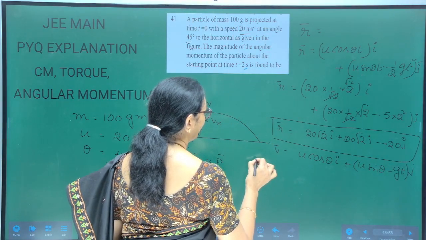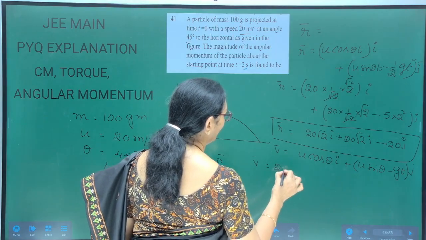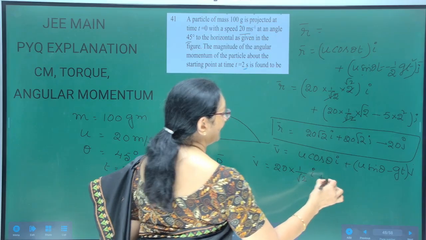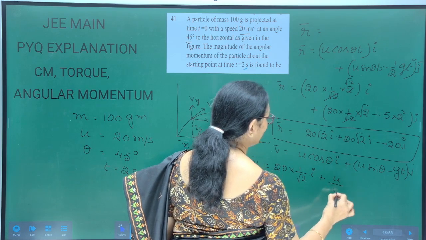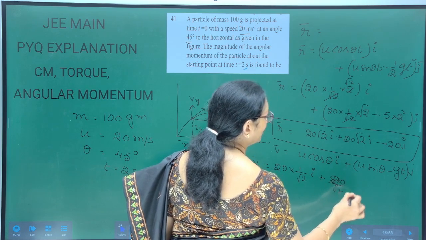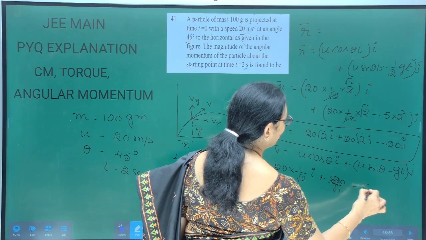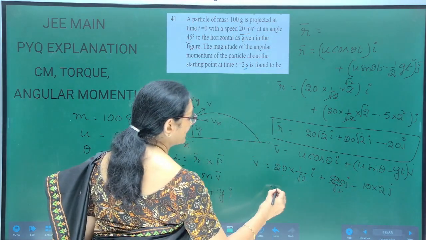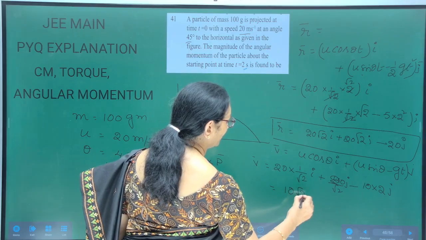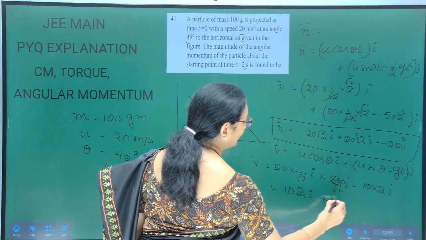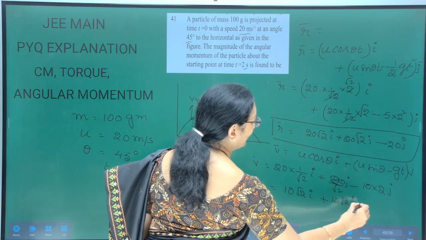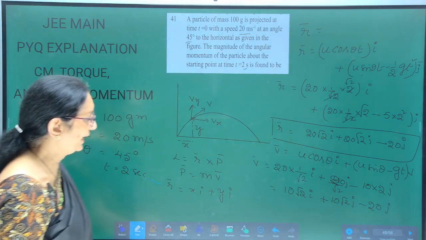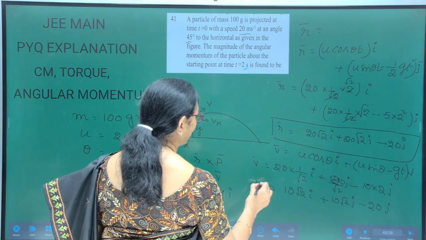Substitute the values. v bar is equal to u cos theta, that is 20 by root 2, i bar, plus u sin theta, that is 20 by root 2, minus 10 into 2, j bar. So, this becomes 10 root 2 i bar plus 10 root 2 j bar minus 20 j bar. Okay. So, we could find v bar.